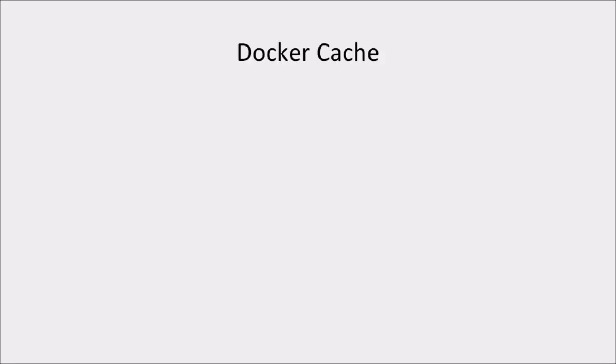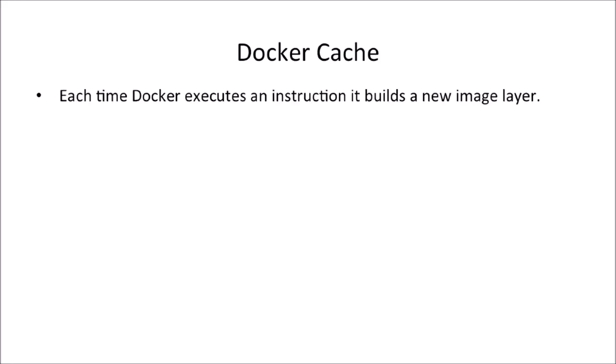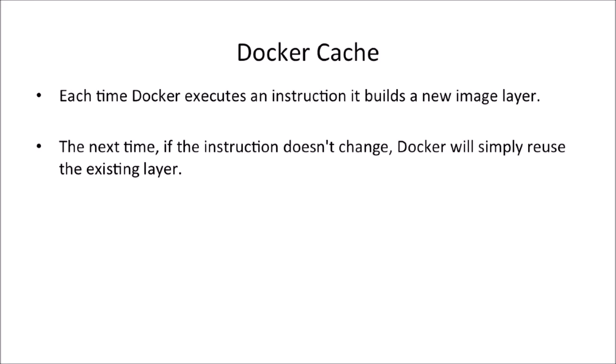The next topic we're going to talk about is the Docker cache. You probably have already noticed the last docker build is much faster than the first build. That is because of the Docker cache. Each time Docker executes an instruction, it builds a new image layer. The next time, if the instruction doesn't change, Docker knows the image layer already exists, and rather than building it again, Docker will simply reuse the existing layer.